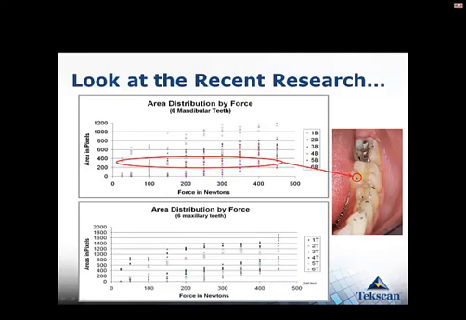Now obviously this isn't from the study, but this would be something you would see in your practice. This particular articulating paper mark, say that that's 300 pixels. Well, that could be 25 newtons, 100 newtons, 250 newtons, 400 newtons. What really hit me with this study was that this is why my doctors are so frustrated with occlusion, because it's not easy.